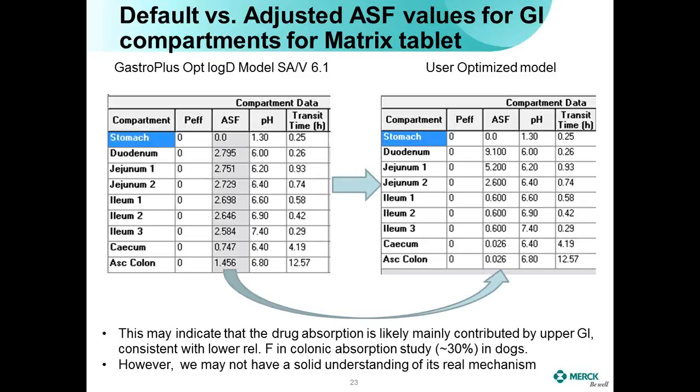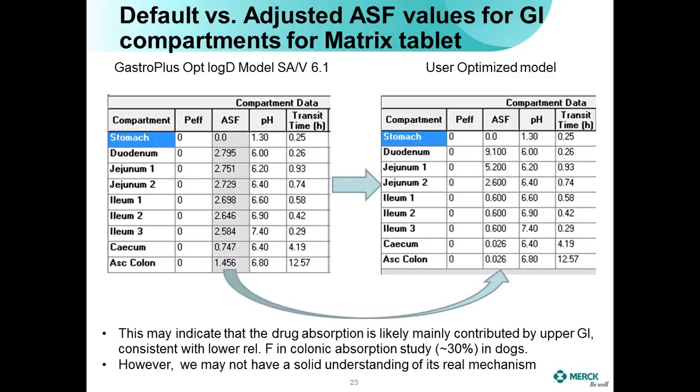You get these default ASF values from that model, shown here in the left-hand panel, and you see that the ASF values for duodenum, jejunum, and ileum are pretty close, from 2.6 to 2.8. We tried this default model to fit the data. Actually, this didn't work very well.